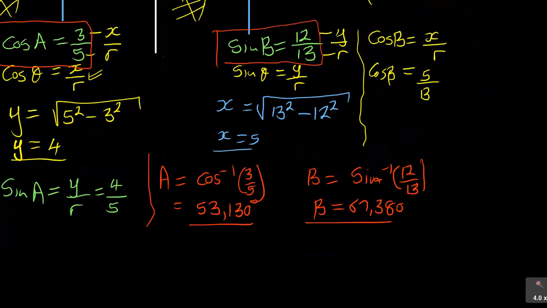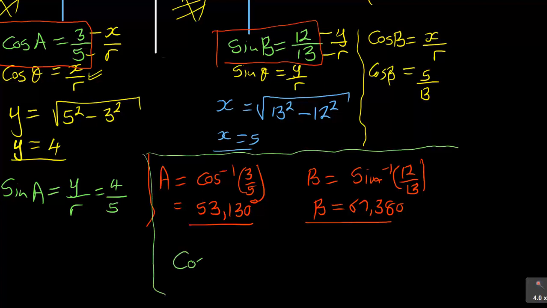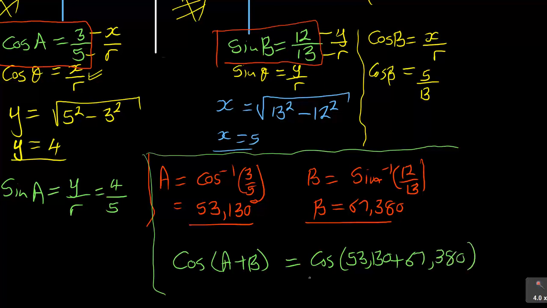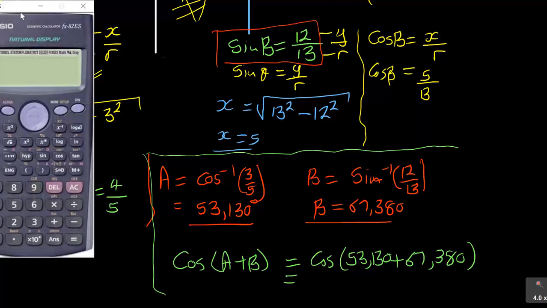So if I say here cos, remember this is my proof here, so it's not part of the working. So if I say cos bracket A plus B, in other words, I'm saying cos bracket 53.130, that is my A, plus B is 67.380. Am I right? So if I do that, let me see the answer that is going to give me.